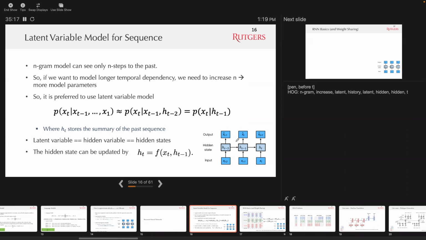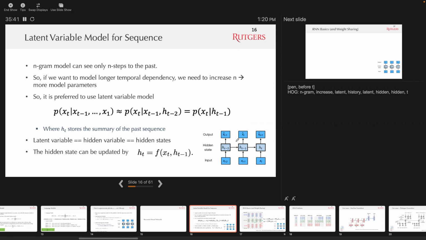If we want to model longer temporal dependency, then we will need to increase n. And like I said, if you increase n, then you risk overfitting, right? You're going to need much more data in order to learn your model efficiently and effectively.